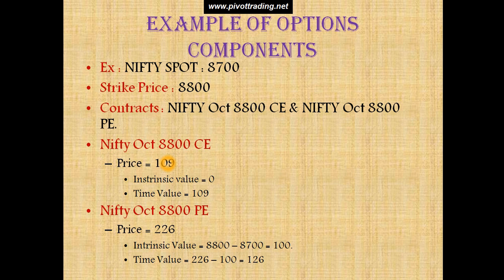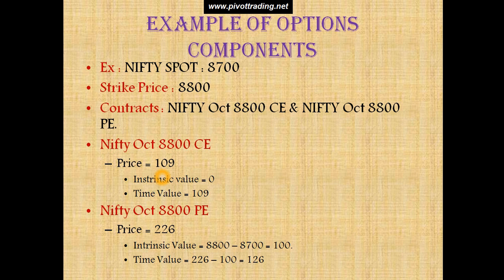So in this case, the intrinsic value is 0. The intrinsic value means the actual benefit that you are getting currently. What is the inherent value of this option, or the inherent profit that you see while entering into the contract? Today the Nifty spot is 8700 and I am saying that Nifty will go to 8800.